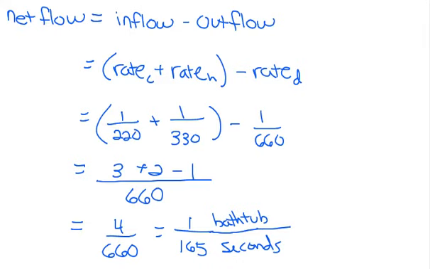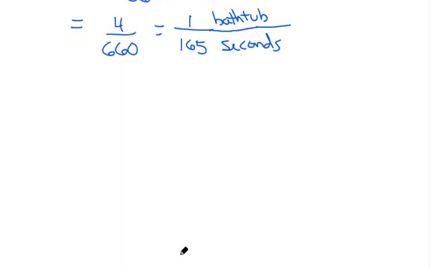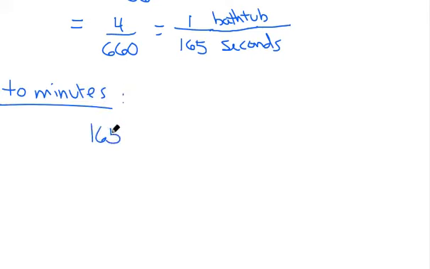Since the answer needs to be in terms of minutes, we'll go ahead and convert 165 seconds to minutes. So scrolling down a little bit just so that we have some room, converting 165 seconds to minutes, 165 seconds will equal 165 divided by 60 minutes.